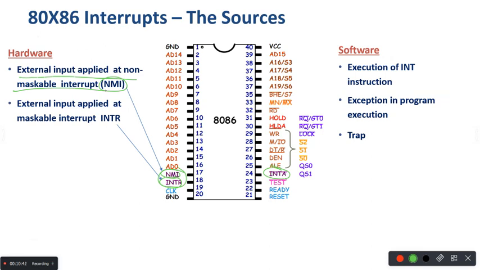Whenever you interrupt a microprocessor, it has an option whether to acknowledge that interrupt or not. It's left to the microprocessor. While programming, the microprocessor can be programmed in such a way that when such and such interrupt comes, it won't acknowledge that interrupt. That's also possible.